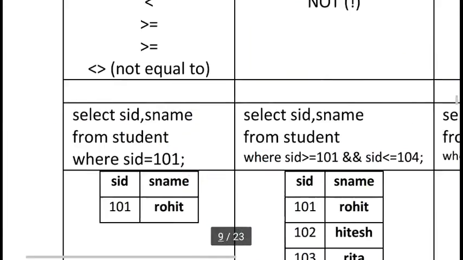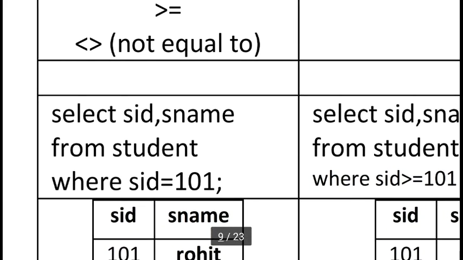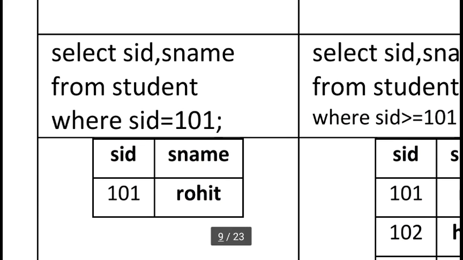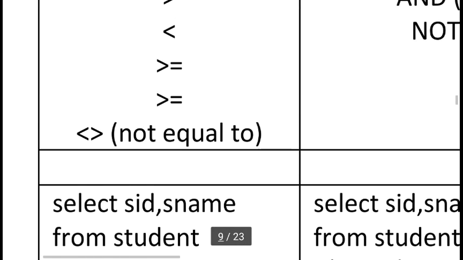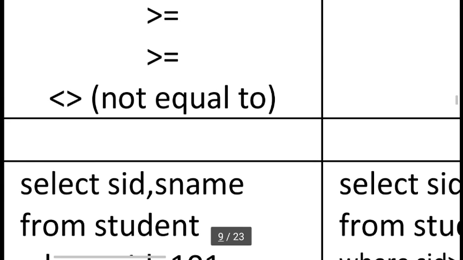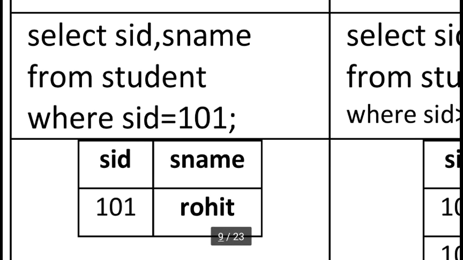Based on relational operators, here I am taking one example. SELECT SID, name FROM student WHERE SID is equal to 101. So only SID equal to 101 will come, the complete row, but here I am writing SELECT SID comma name, so only two things will show: 101 and the name Rohit.